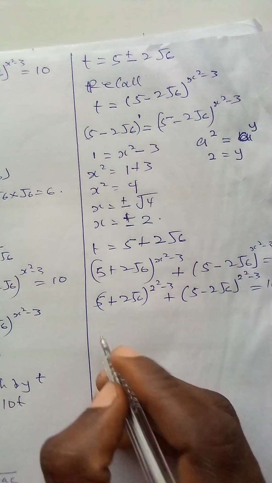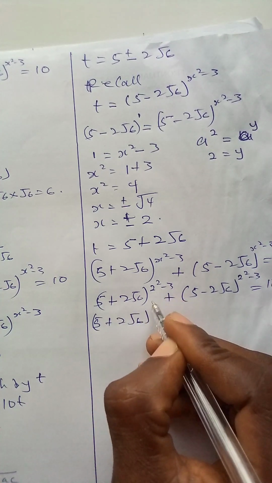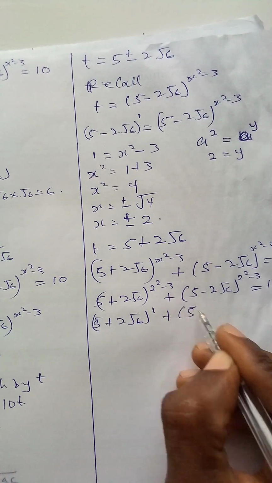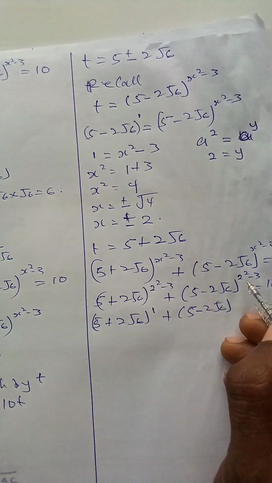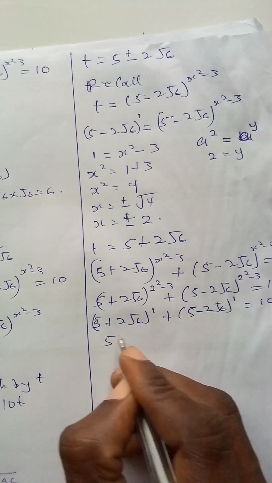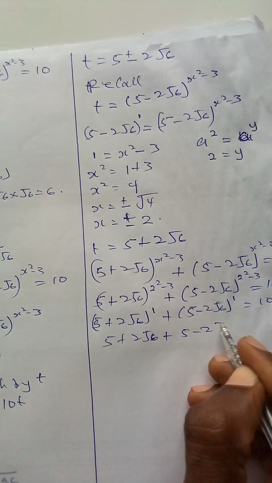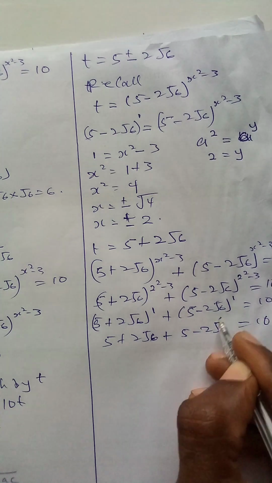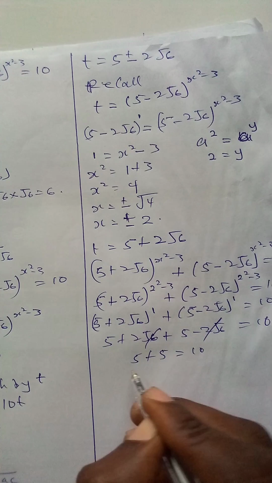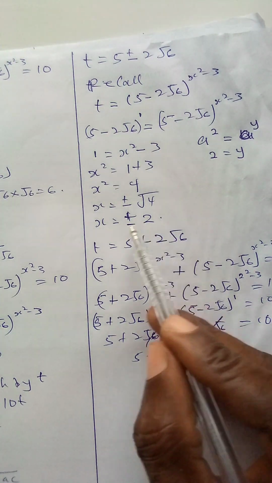It is equal to 10. 5 plus 2√6, this is 4 minus 3, which is 1, plus 5 minus 2√6, 4 minus 3 again is 1, equals 10. So 5 plus 2√6 plus 5 minus 2√6 will give me 10, because this will cancel this, leaving 5 plus 5, which is 10. So the answer is plus or minus 2.